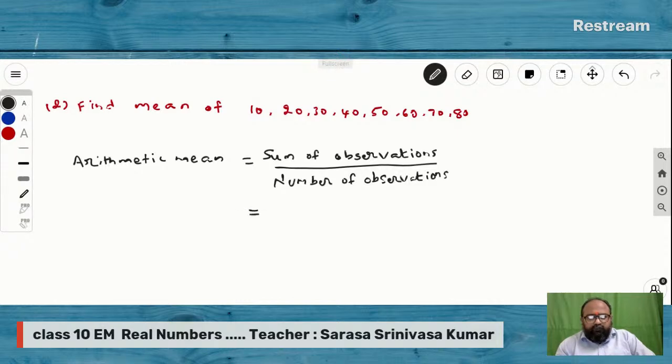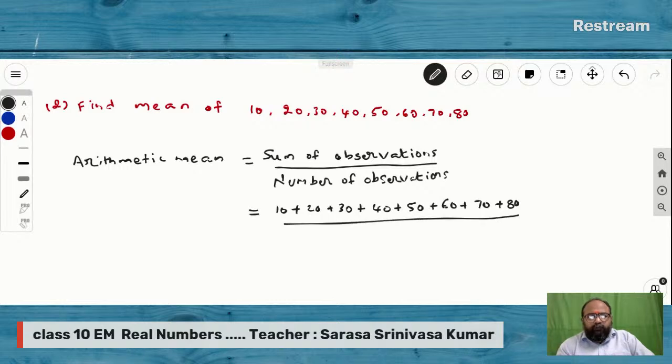This is equal to, we add all the observations, 10 plus 20 plus 30 plus 40 plus 50 plus 60 plus 70 plus 80 divided by. So how many observations are there? Total number of observations 8. So divided by 8.